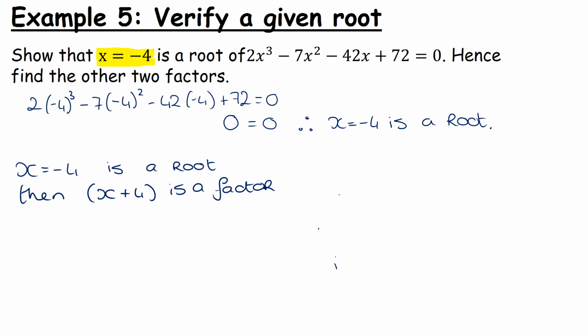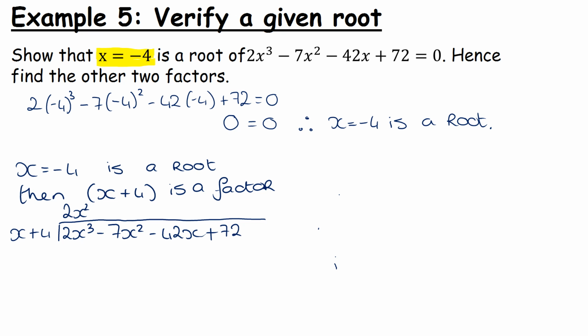So in order to verify that it is a factor, I can then use my long division. So x plus 4, and I'm going to divide this into 2x cubed minus 7x squared minus 42x plus 72. So this goes 2x squared, so 2x cubed, so 2x squared by plus 4 is plus 8x squared. Do your subtraction. I'm going to put minus 15x squared.